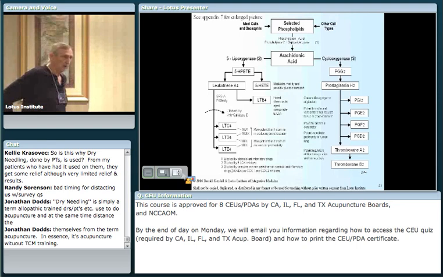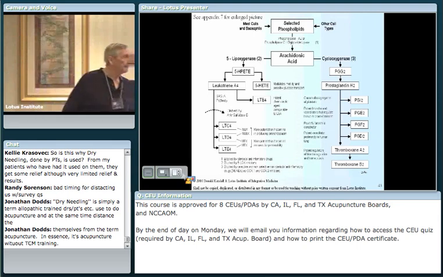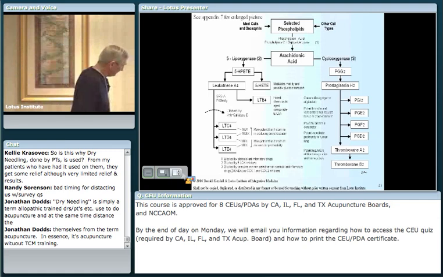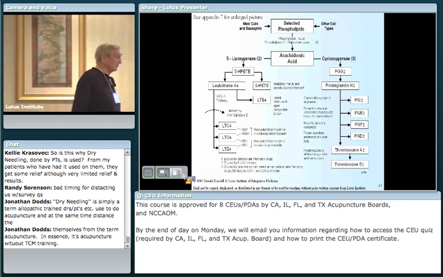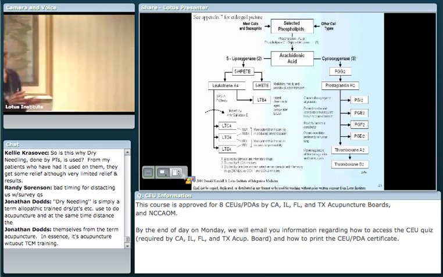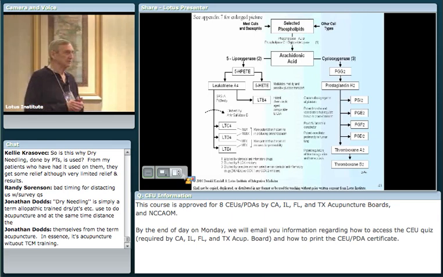Some autoimmune diseases, well, rheumatoid arthritis, is considered an autoimmune disorder. She was asking, do you leave the needles in longer for autoimmune disease? Yeah, some of them. I had cases of systemic lupus.